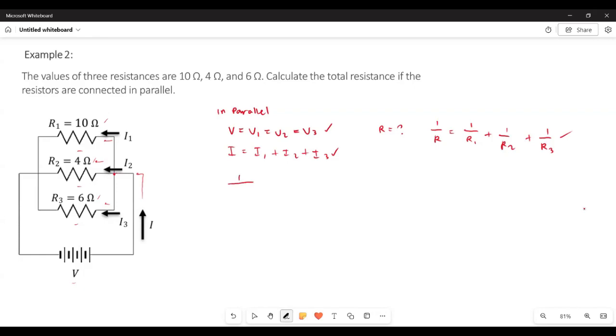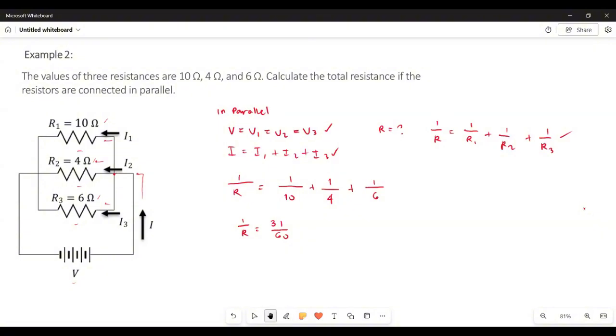Okay, 1 over R is equal to 1 over 10 ohms plus 1 over R sub 2 na 4 and 1 over 6. Ayan. So, pag tinotal natin yan, pwede naman natin i-calculate yan. Ang magiging value natin dyan is 31 over 60. Pero hindi naman yan yung kailangan natin.